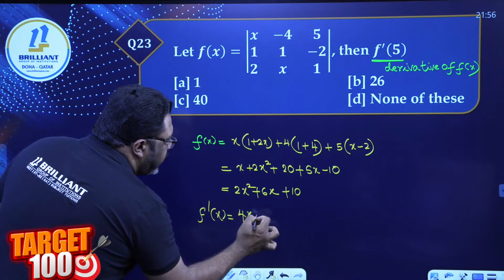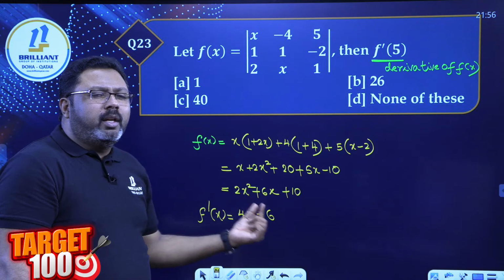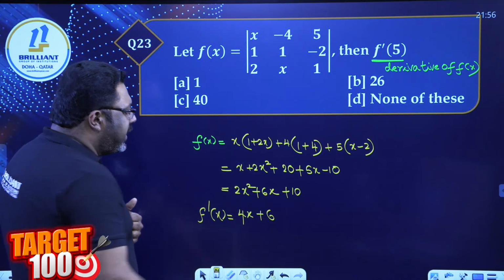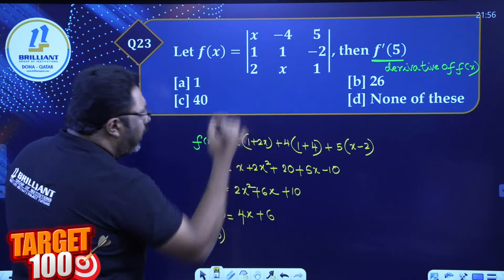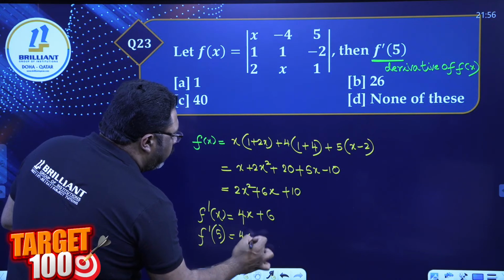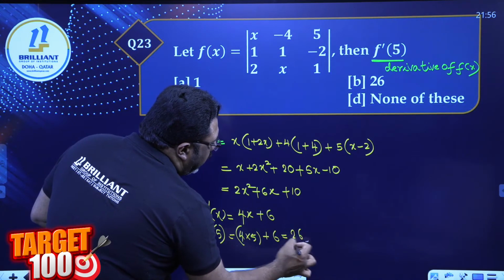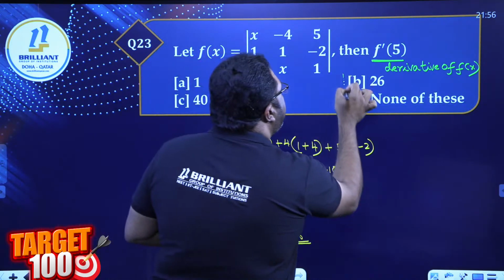It's a simple derivative. That's why I'm doing it fast. What's derivative of 2x squared? 4x. And what's derivative of 6x? 6. And I'm supposed to find what is f dash of 5. 4 into 5 plus 6. Answer is 26. Option B.